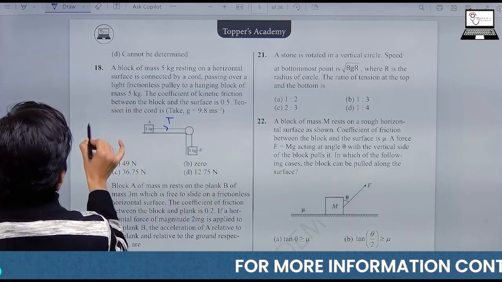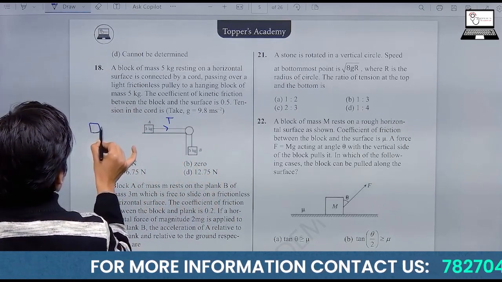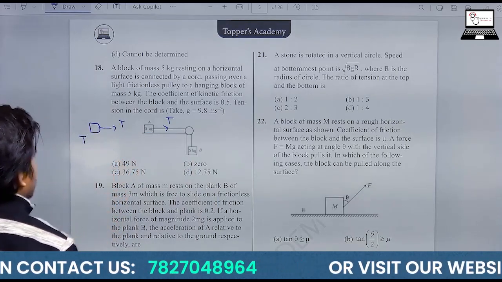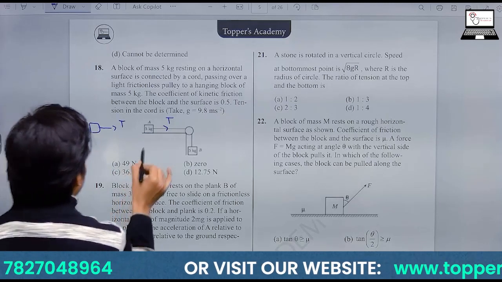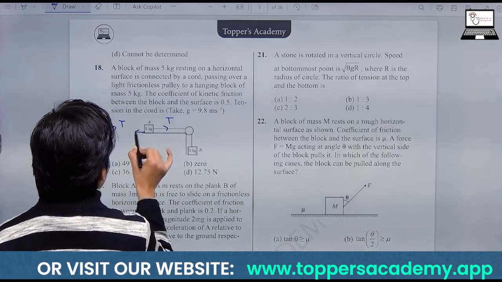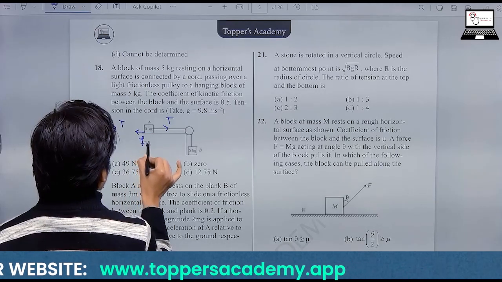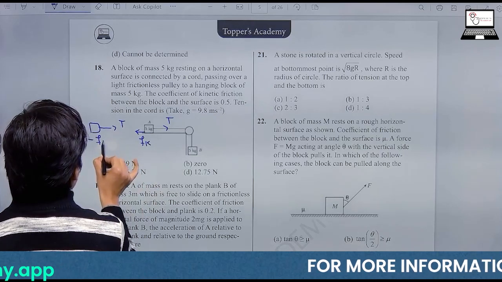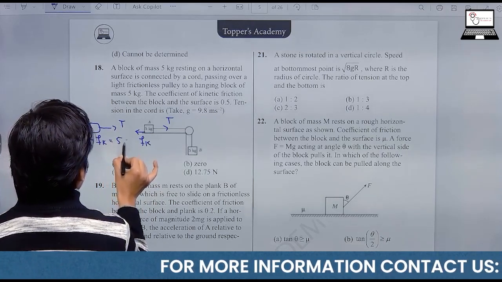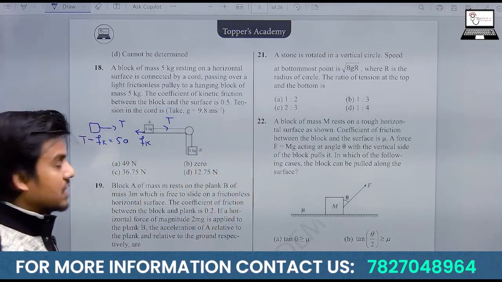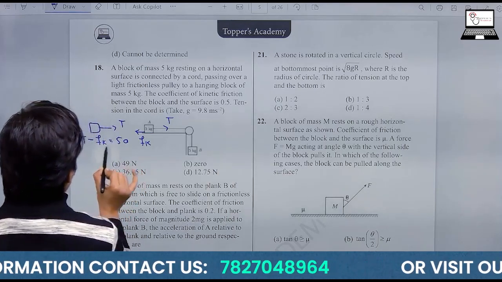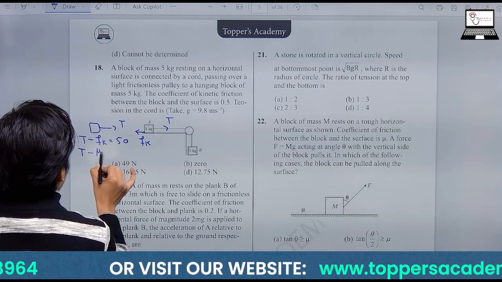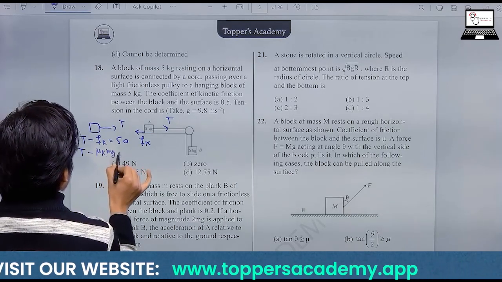On block A, the forces acting are this tension T and the frictional force Fk. So T minus Fk is equal to 5a, as acceleration is in the forward direction. Now this Fk is mu mg, so T minus mu k mg is equal to 5a.